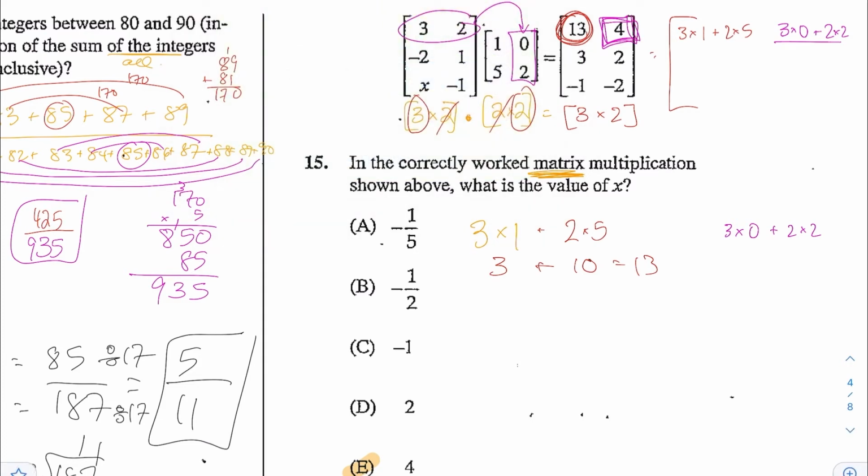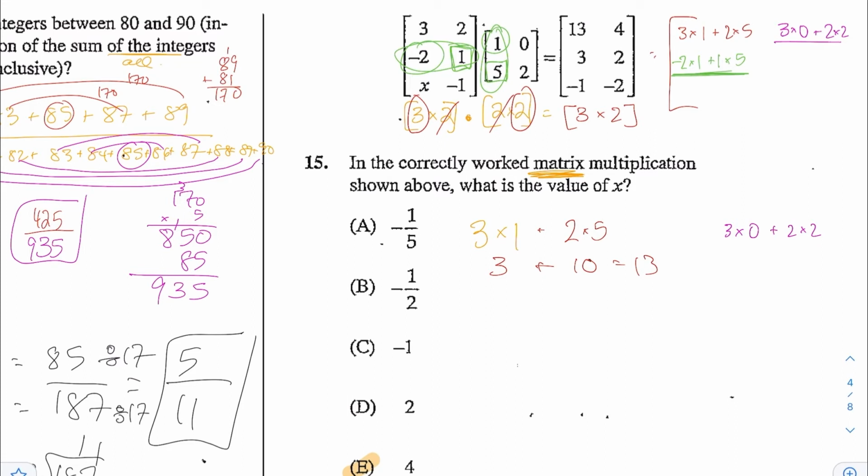So just to do some more practice, to get the next row here, it would be the middle one, negative 2 and 1, with the first column. So this would be negative 2 times 1 plus 1 times 5. So negative 2 times 1, and then 1 times 5.